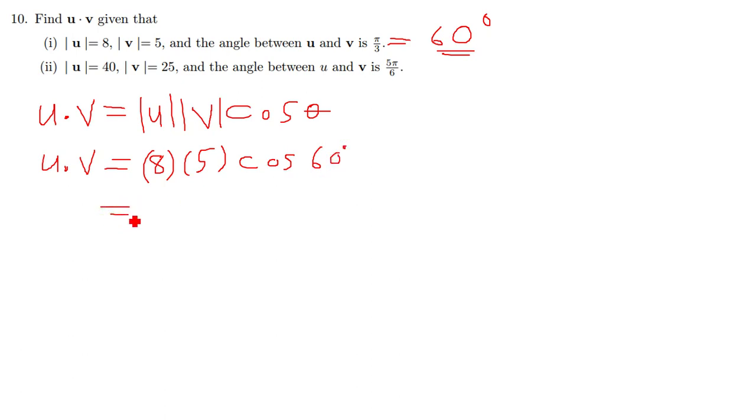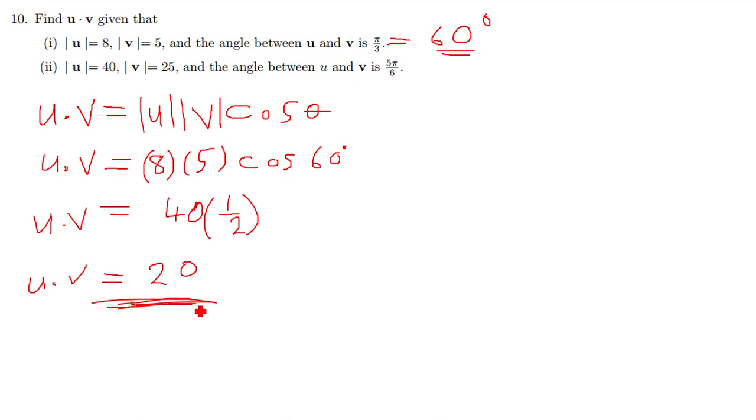So this will be 40 times cos 60, which is simply 0.5, just half. So our u dot v will simply be 20.